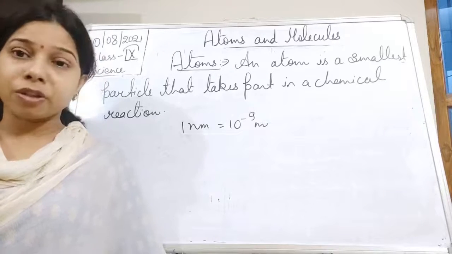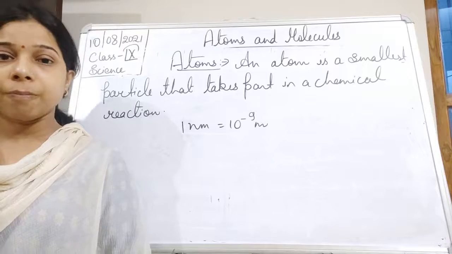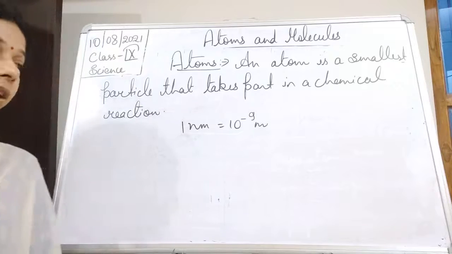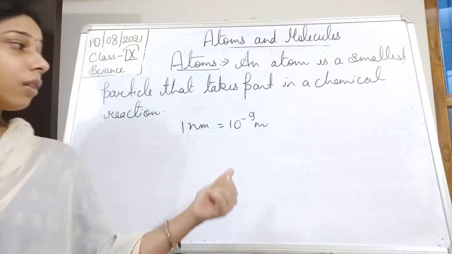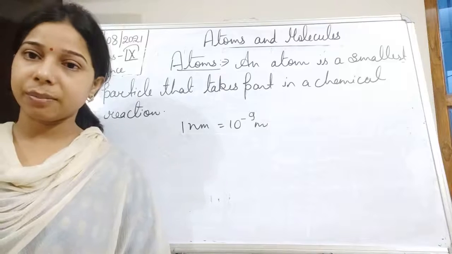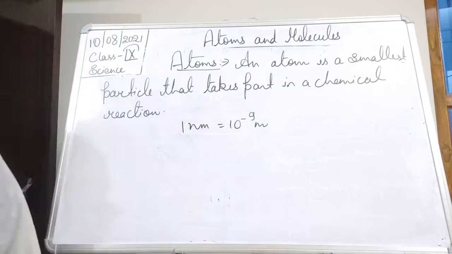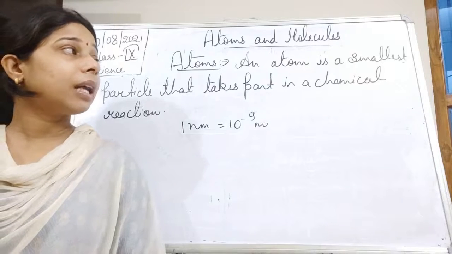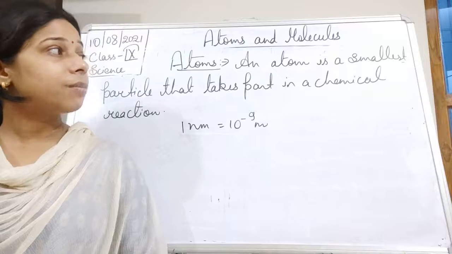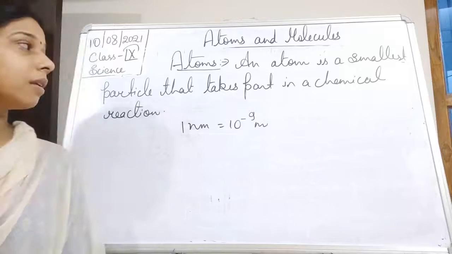Atoms are generally measured in nanometers, and 1 nanometer is equal to 10 to the power minus 9 meter. So this is how we can understand that atoms are a very small particle.